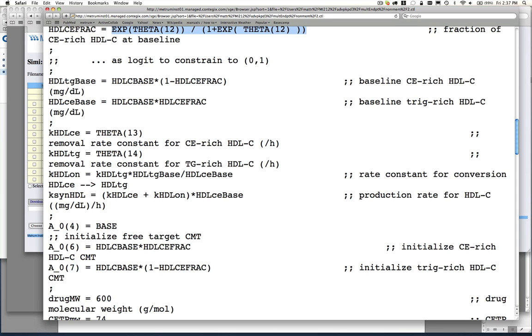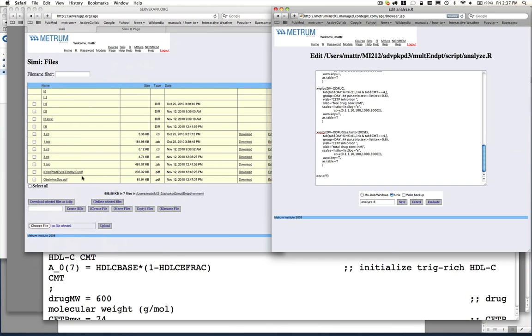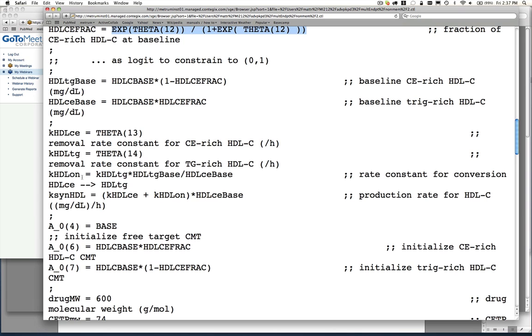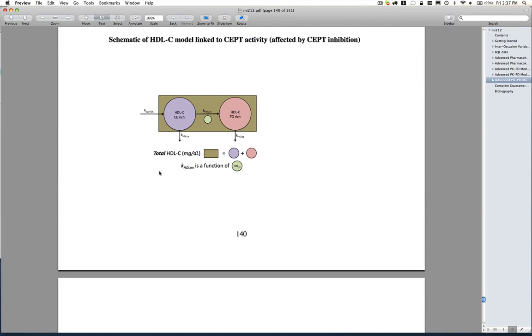We actually go on and solve for the KHDL on. So we're actually solving for this value based on the other values and the initial conditions.